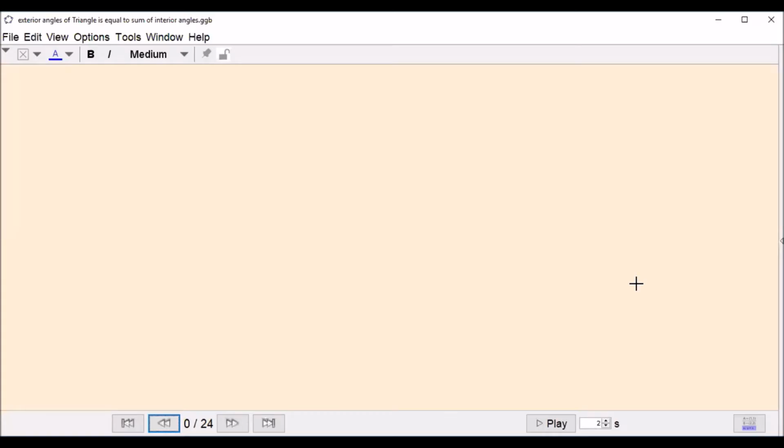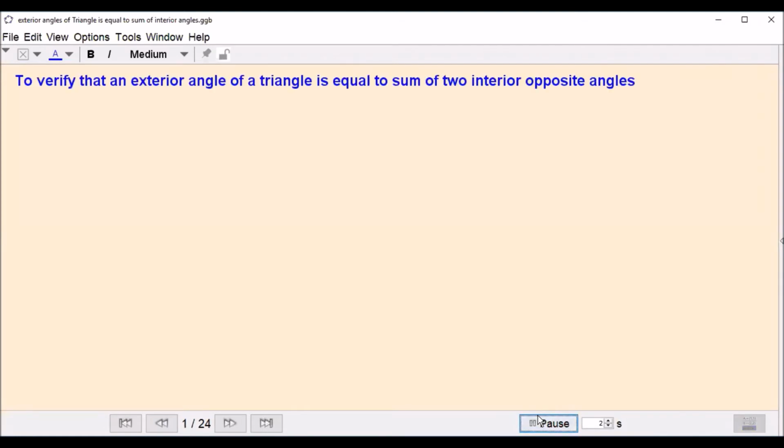Now we'll take the help of a software, GeoGebra, to verify for more triangles. So let us start. We will verify that the exterior angle of a triangle is equal to the sum of two interior opposite angles.